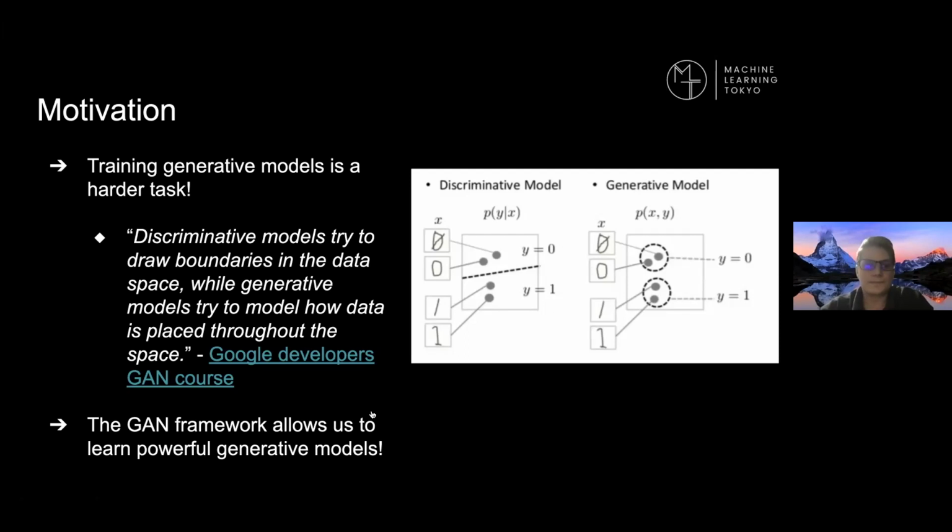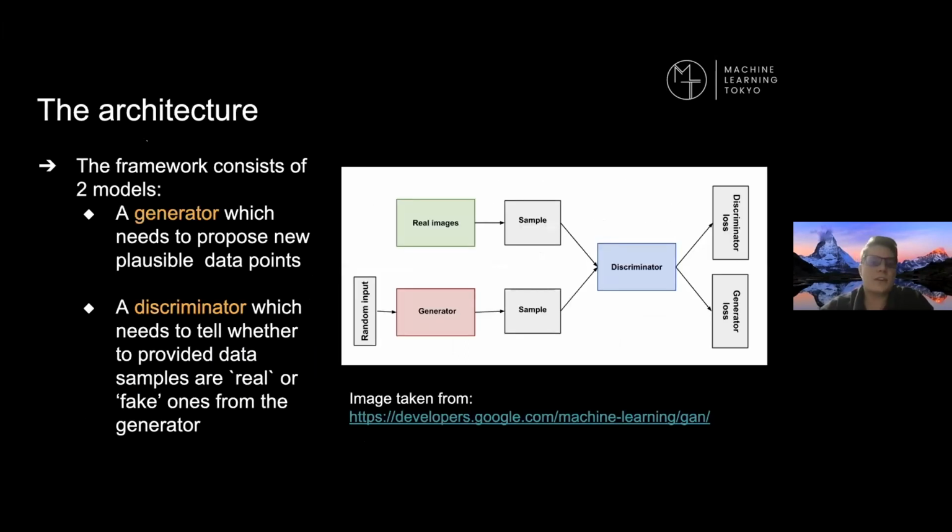The architecture of GAN models, or of the GAN framework, is quite simple, to be honest, because there are really only two major components to it. The first one is a generator, which needs to generate or propose new plausible data points. It's the one here on the left in red.